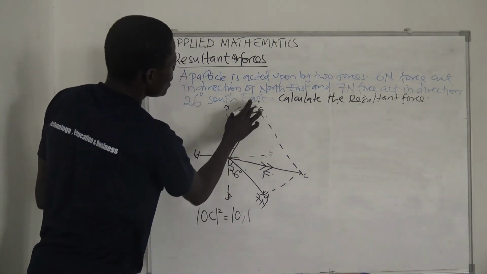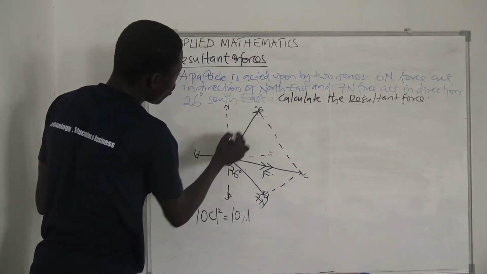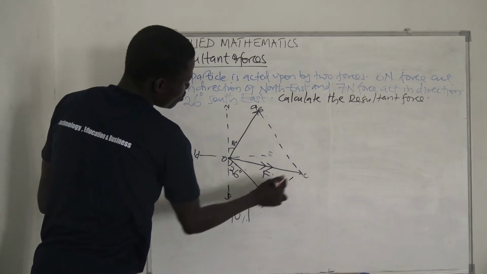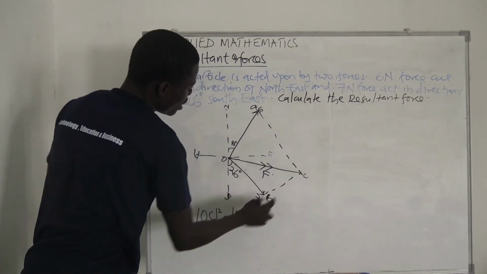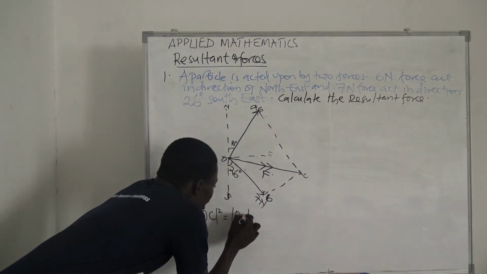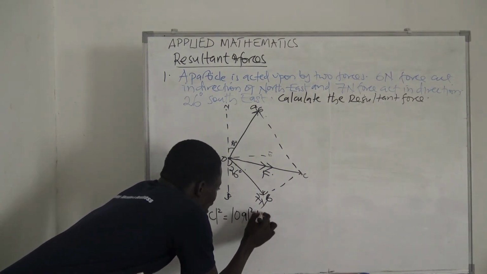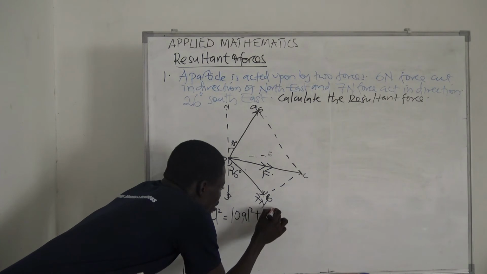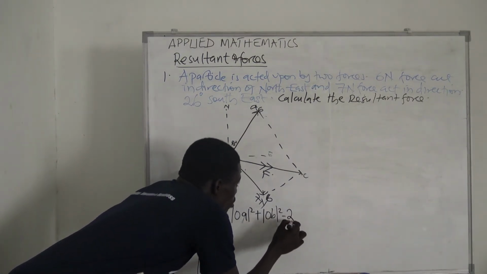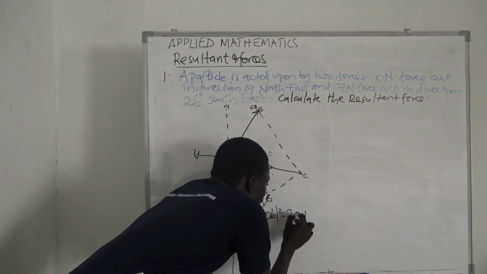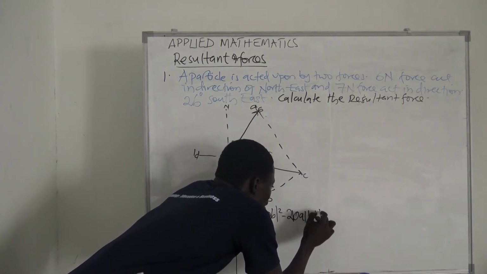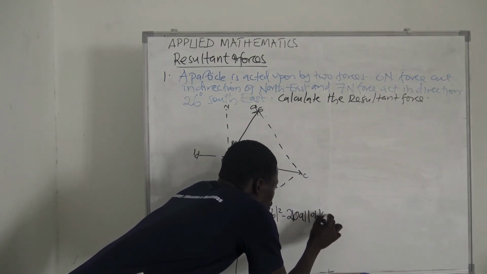Let this one be point O, this one A, this one B, and the other one C. OC squared is given by OA squared plus OB squared minus 2 OA into OB cos of star.